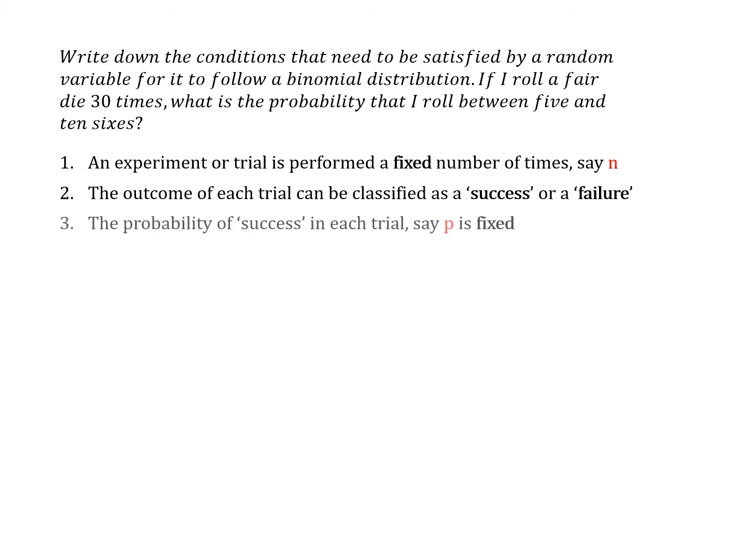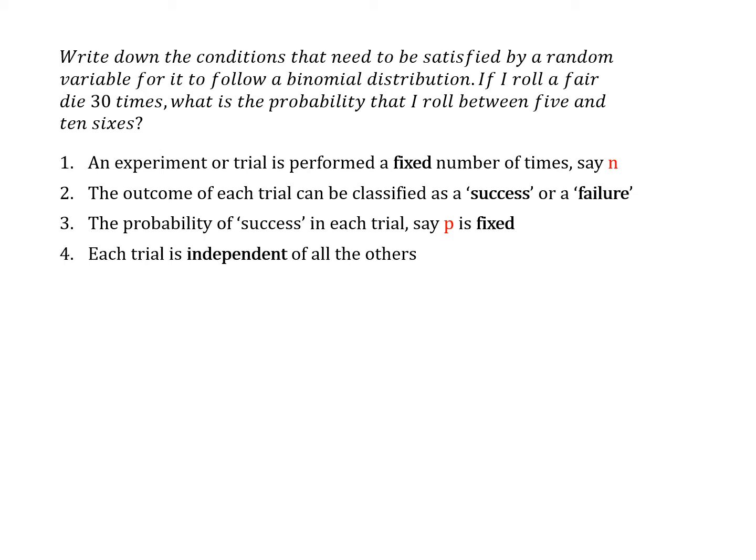The third condition is to do with the probability of success in each trial. That has to be fixed. And the easiest one to forget, I think, possibly for most students, is the fact that each trial has to be independent of all of the others.